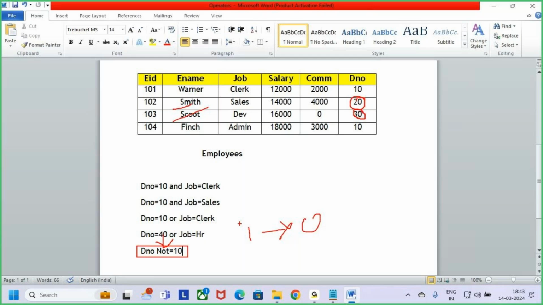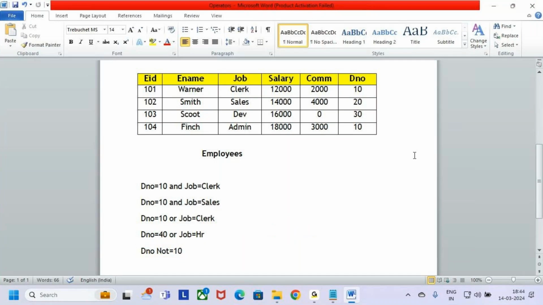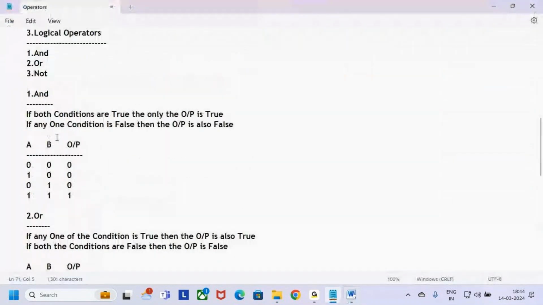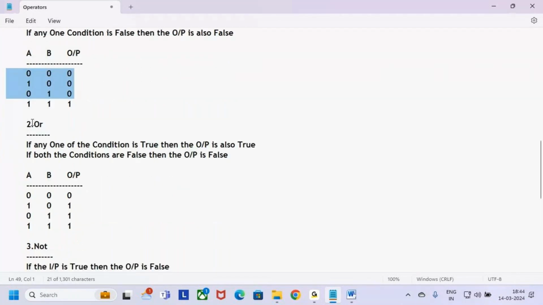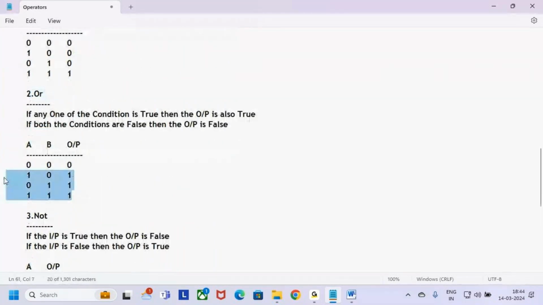So these are the different types of logical operators available. In the logical operators, the first one is what? The AND logical operator. In the AND operator, the output is true only if both the conditions are true. In all the remaining cases, the output is false. Coming to the OR operator, the output is true if any one of the conditions is true.